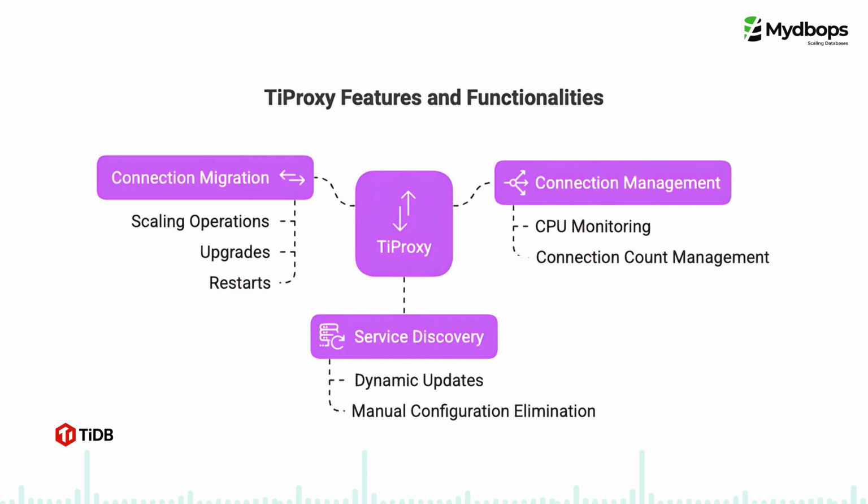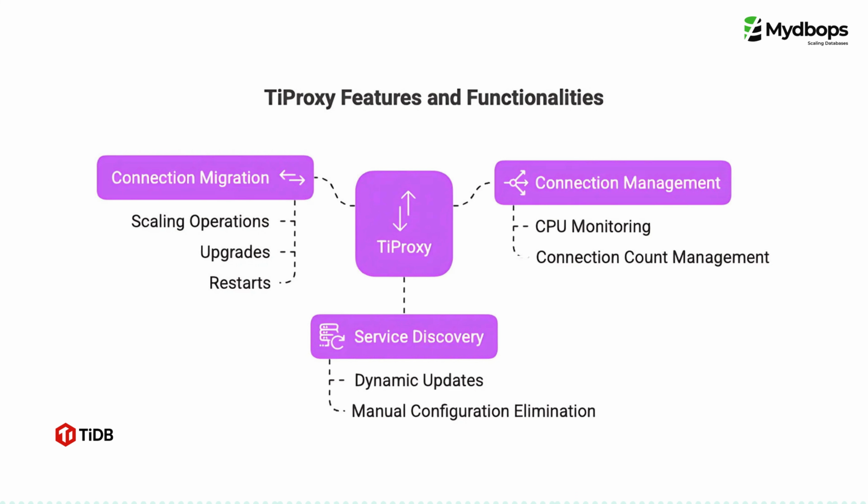But with TiProxy, things happen a little differently. It migrates the connections from the server that's going offline to other healthy servers in the cluster. It's kind of like changing lanes on the highway. You don't even really notice it happening. You just keep driving, but you're still moving toward your destination.